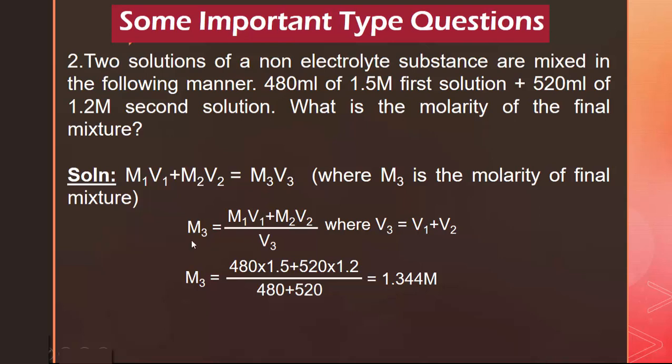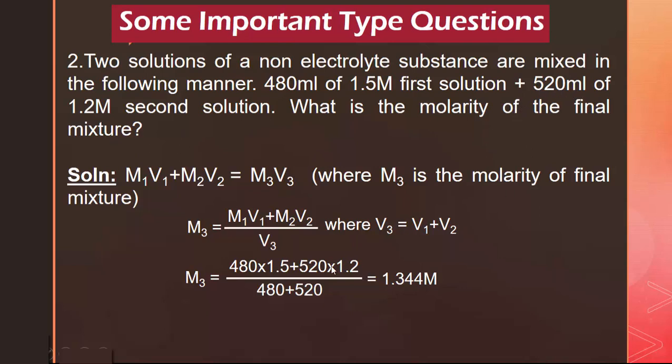Therefore M3 will be equal to M1V1 plus M2V2 divided by V3. So we have the values of V1, M1, V2 and M2. M1 value is 1.5 molar into V1 value is 480 ml plus M2 value is 1.2 molar and V2 value is 520 ml.